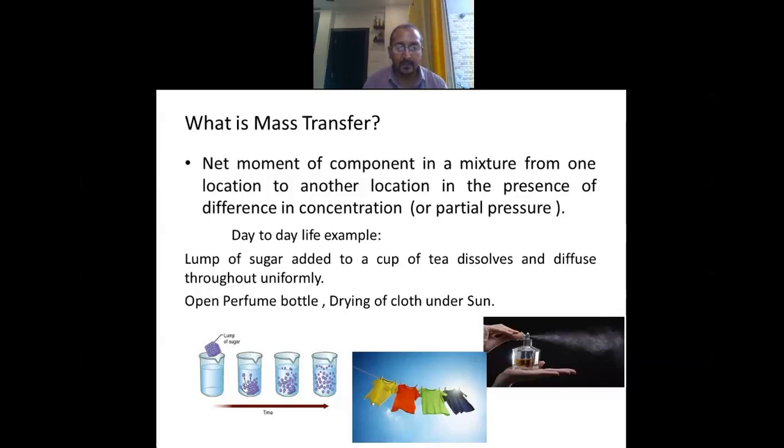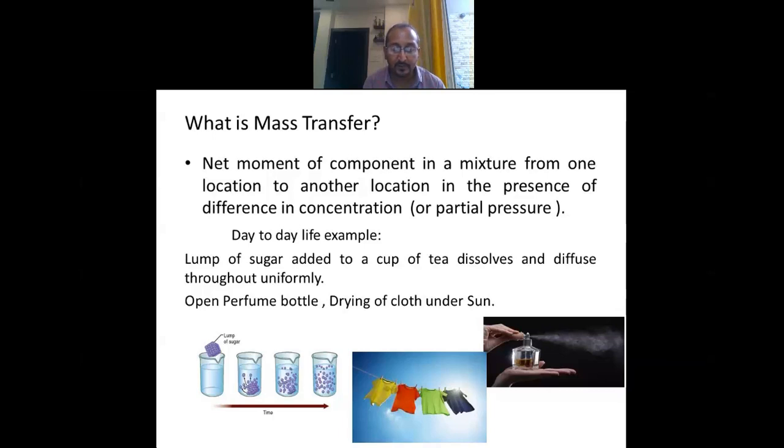Let's take some day-to-day life examples. Like a lump of sugar added to a cup of tea, we know, will dissolve and diffuse throughout uniformly. And that we have already discussed. If we open a perfume bottle, we sense a fragrance because the perfume has diffused in the atmosphere, and that is nothing but a mass transfer operation.